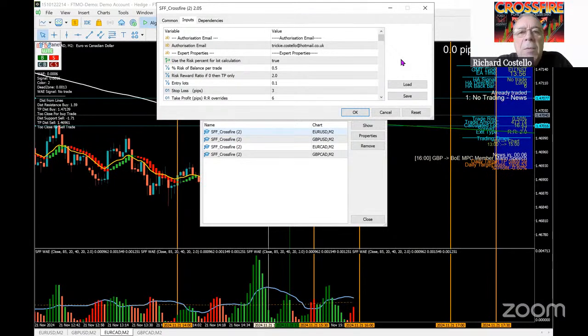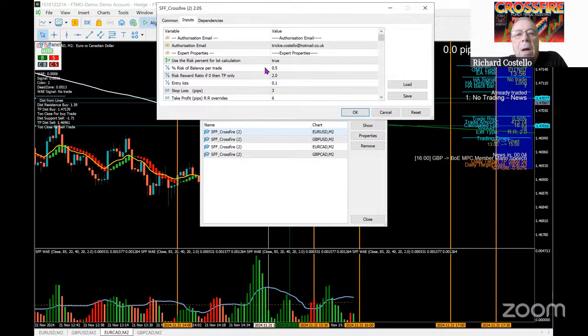So assuming you've got your email in and it's accepted, I'm looking at what I'm telling the trading assistant to use: a risk percentage for lot calculation. I'm asking it to use a risk percentage of 0.5. I'm on a demo account with FTMO, a $100,000 account.